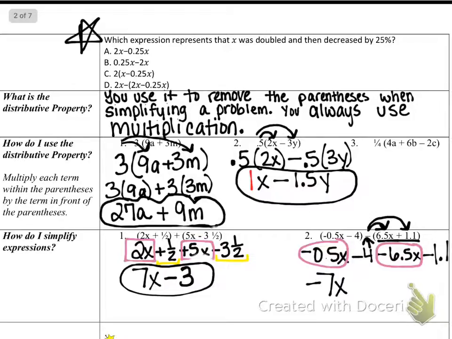And then negative 4 minus 1.1, once again taking me further into the negatives. And that is going to give me negative, so I'm going to write a subtraction sign, 5.1. And that is my final answer. If you have any questions, please write it down.